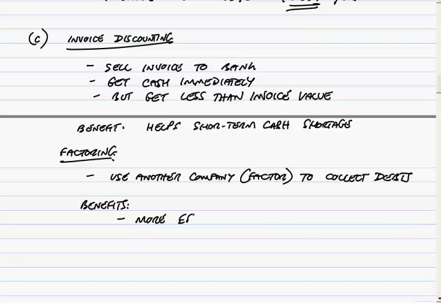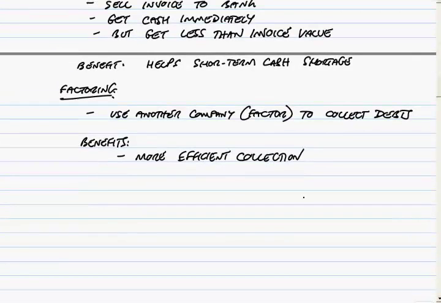This company specialises in it. And so hopefully they'll get the cash in sooner. A second benefit, saved admin costs. We don't need to employ our own people to chase debts. We use the factors instead.